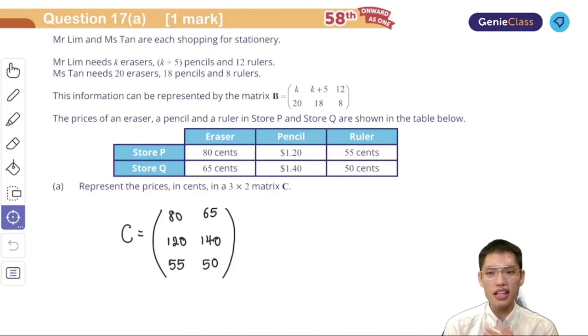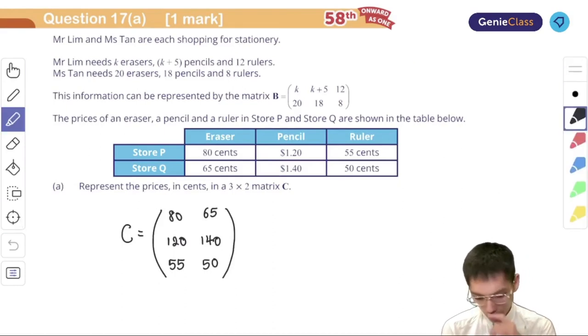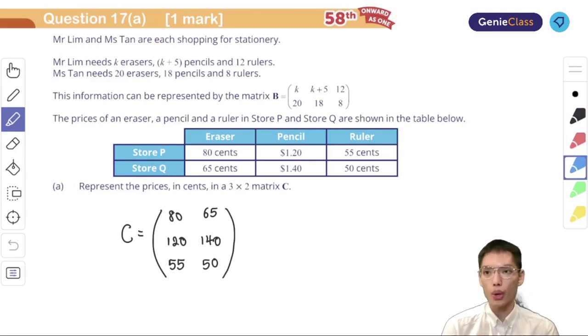Our matrix question in this case can be a little bit tricky in terms of forming my matrix, especially for real world context. So what are the things you need to take note of? Certain key information the question gives you.